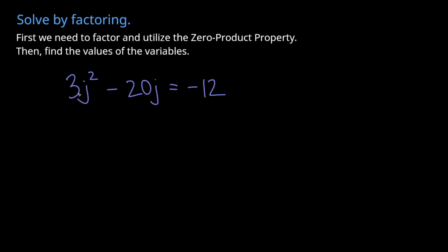Then we'll use our special factoring rule that we learned a few problems ago. So let's start by adding 12 to both sides. We get 3j squared minus 20j plus 12 equals 0.